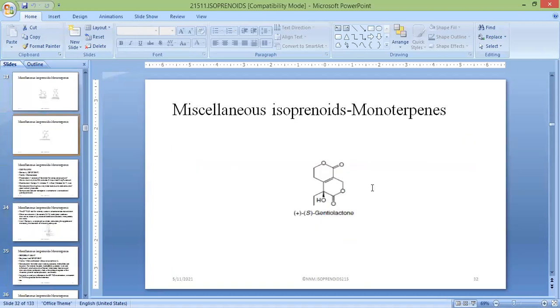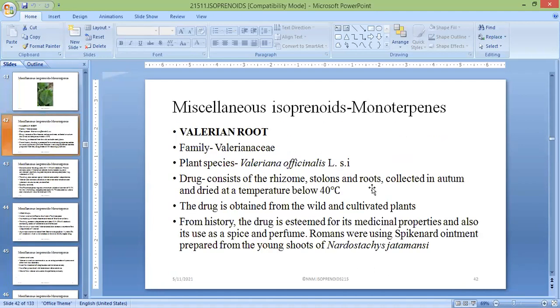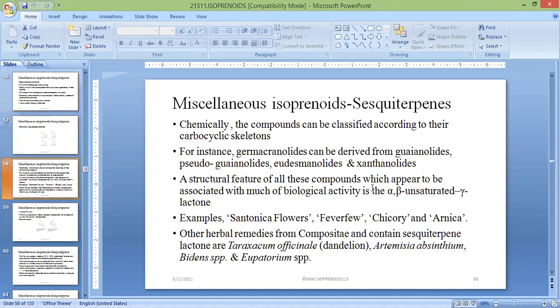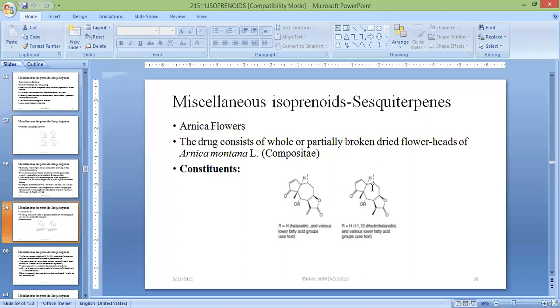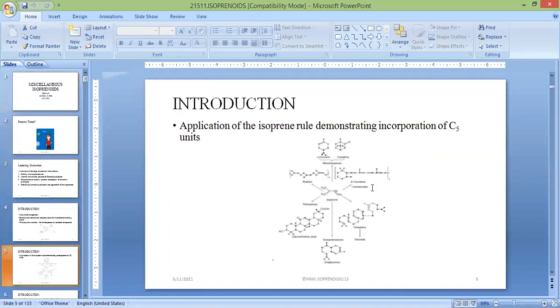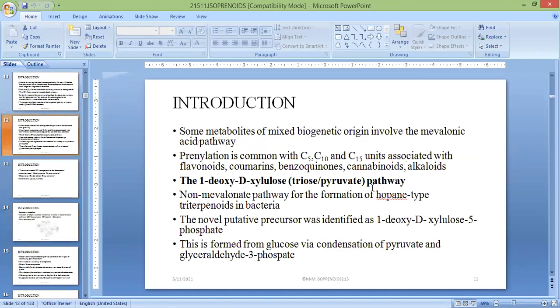Okay, that was essentially it for the monoterpenes and the sesquiterpenes. So today we'll be looking at the diterpenoids, the triterpenes, and the polyterpenoids. As a summary, I'll focus on the pharmaceutically important ones.